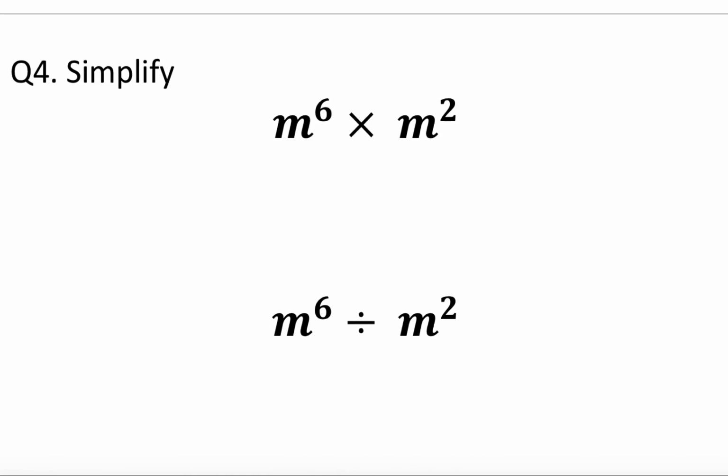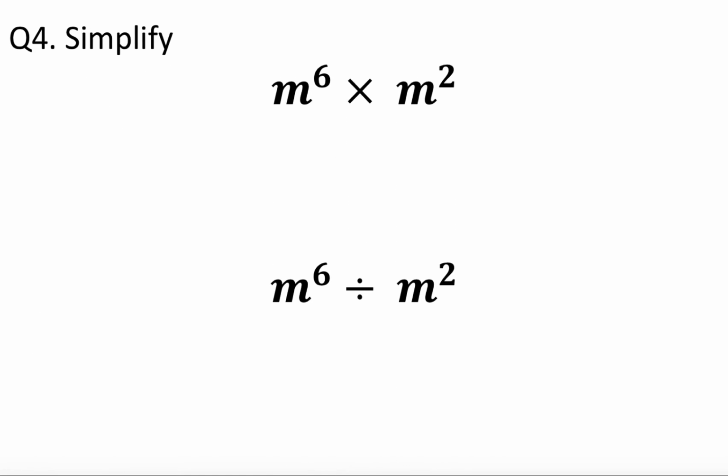Question 4, indices. Once again, indices can be a bit frightening for people, but there's really only a couple of rules with indices. When you've got indices the same, when you're multiplying indices, you just add them together. So if we're multiplying, we need to add.